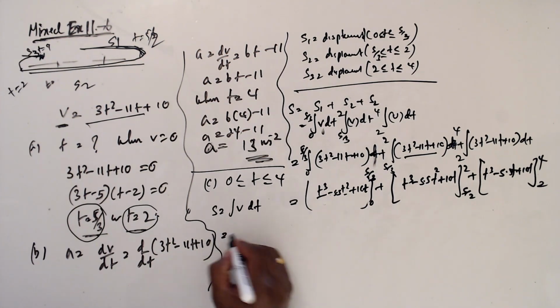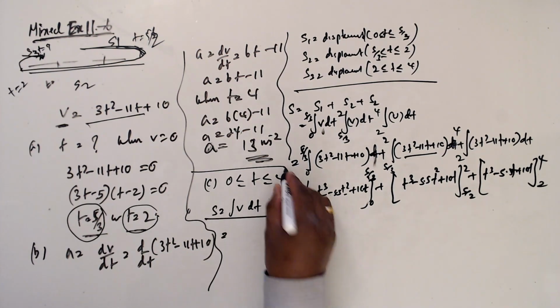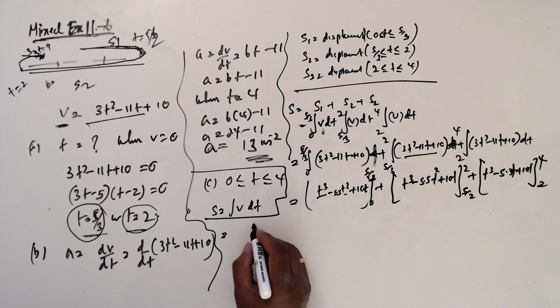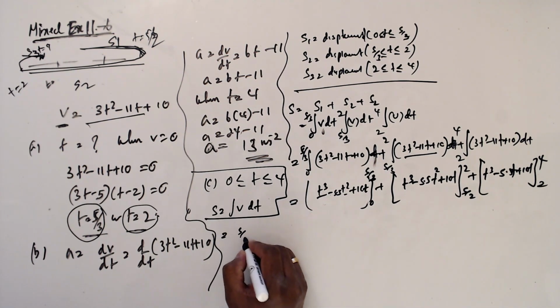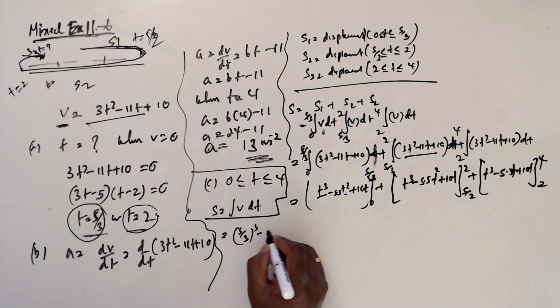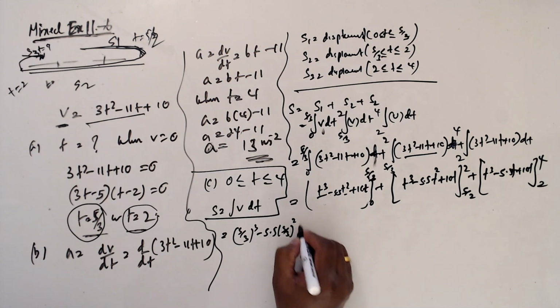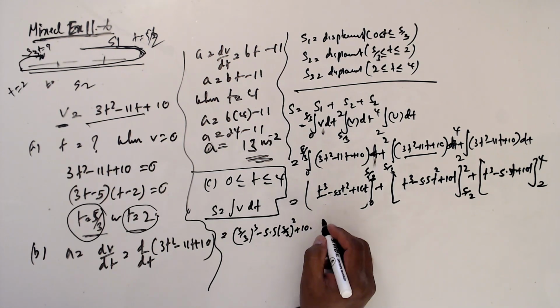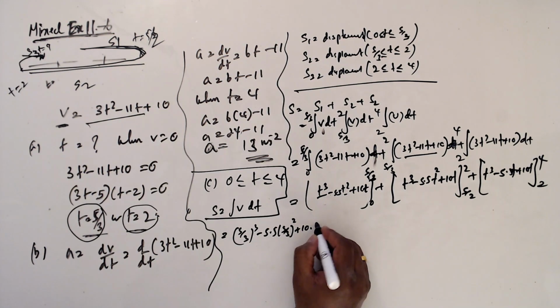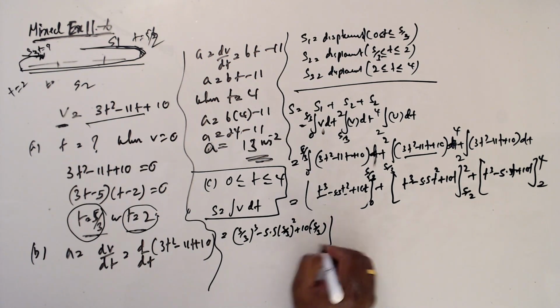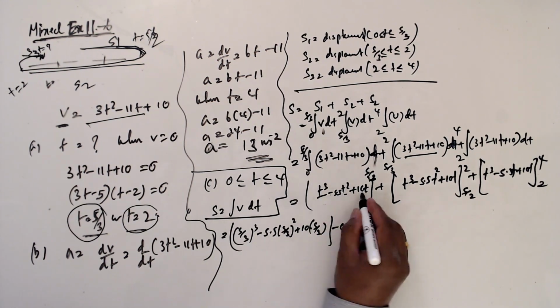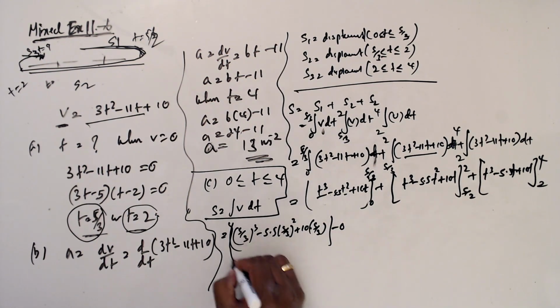Then I will apply the limits. T cube means 5 over 3 cube minus 5.5 times 5 over 3 square plus 10 times 5 over 3, minus this all is going to be 0. This is the first one.